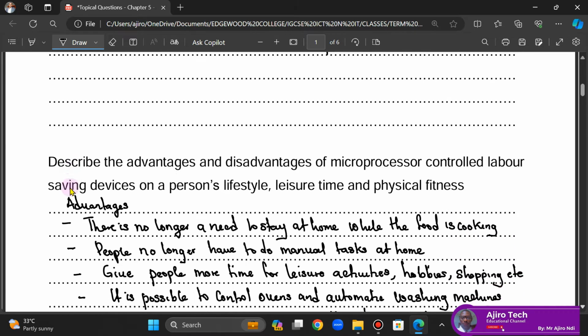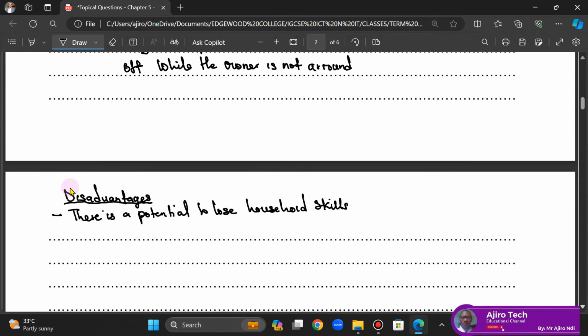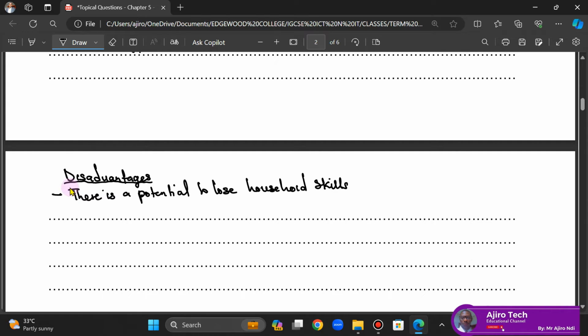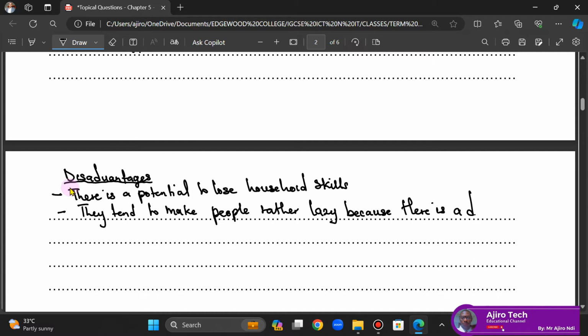And invariably, they tend to make people rather lazy because there is a dependence on these devices.